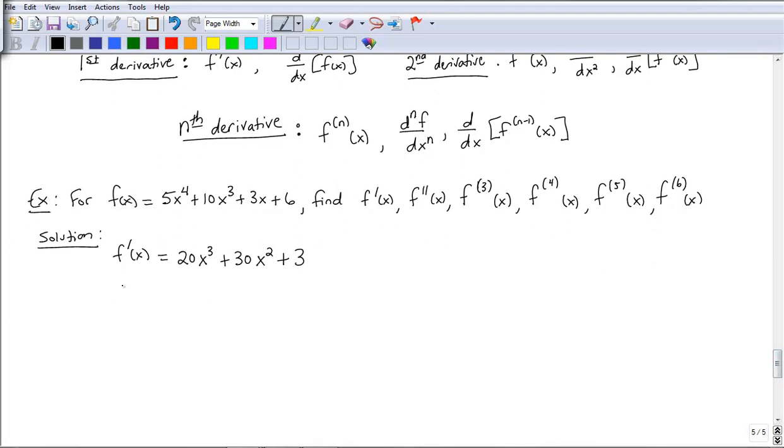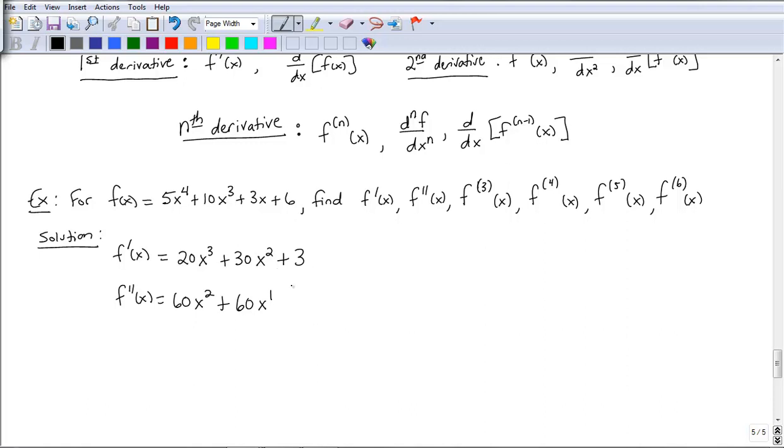f double prime is the second derivative, so it's the derivative of the first derivative. 20 times 3 is 60x squared. 30 times 2 is 60x to the first. The derivative of 3 is 0. 3 times 20 is 60, take 1 away from the power. 2 times 30 is 60, take 1 away from the power.